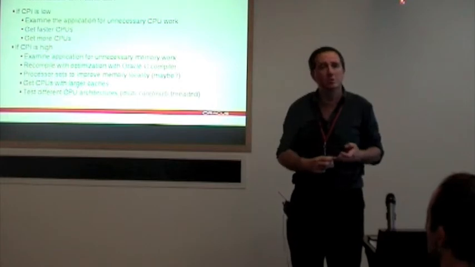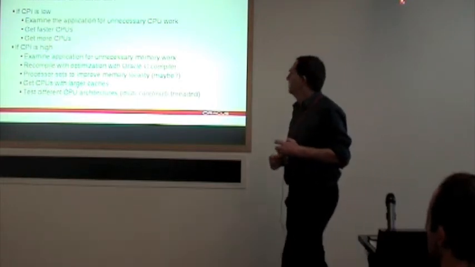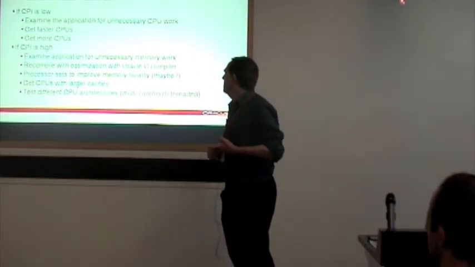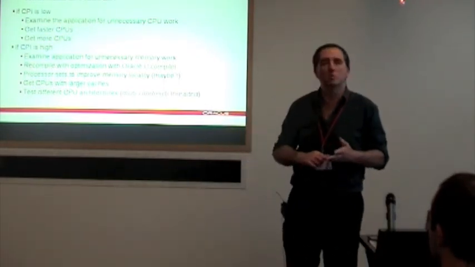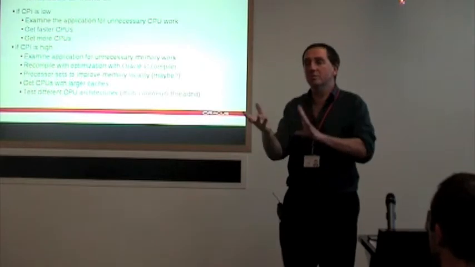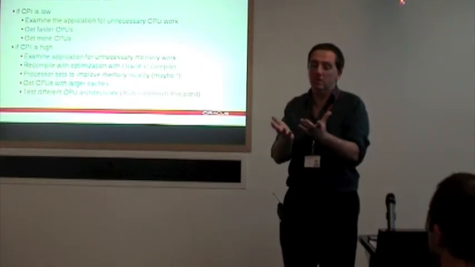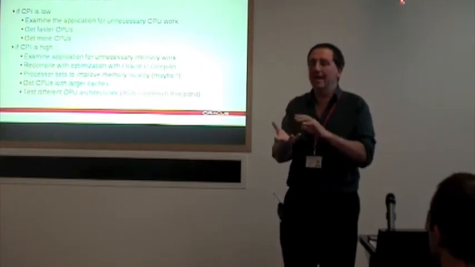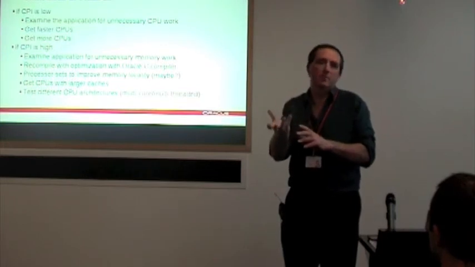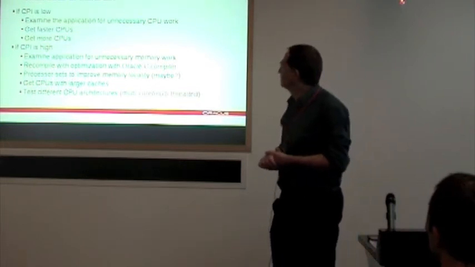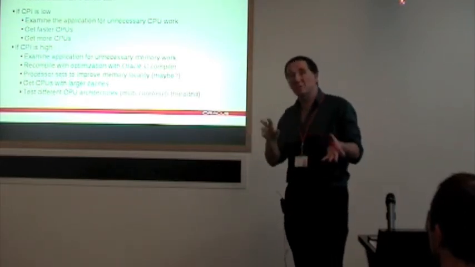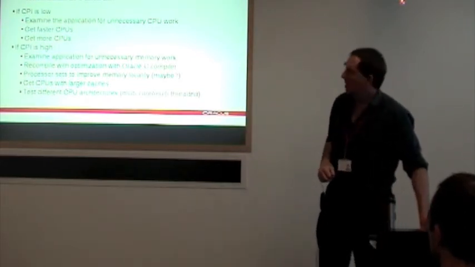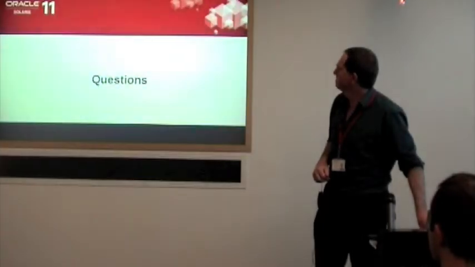CPUs with larger caches, and maybe test a different CPU architecture. So there have been a few occasions where some of the T-series, because the various cores share a cache, can work really well. So CPI might actually guide us in a direction as to where we spend our money.